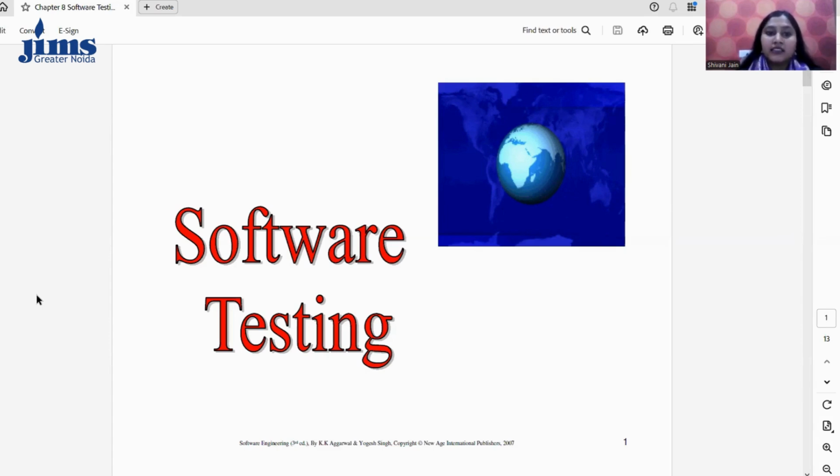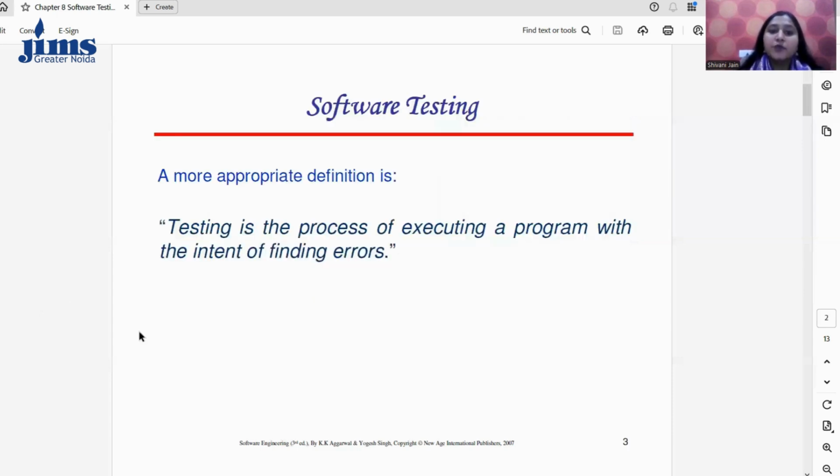Otherwise, the untested bugs or vulnerabilities of the programs will fail the whole process of development. The whole purpose of building robust software will fail if we do not test the software properly. So, by definition, software testing is the process of executing a program with the intent of finding errors.